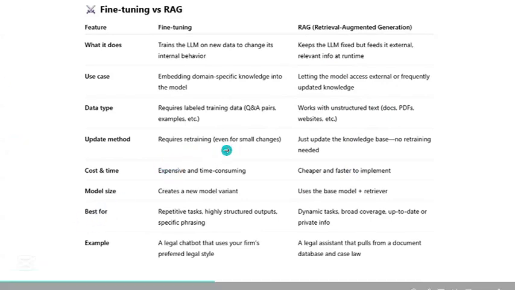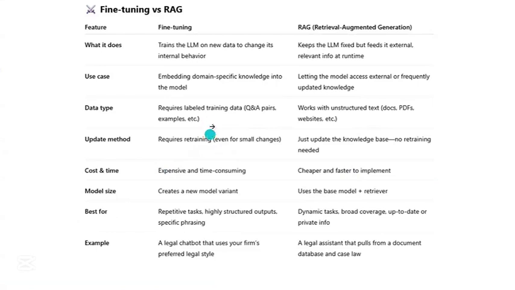Updating method requires training always when we talk about fine tuning. But in RAG systems, we just have to update the knowledge base. We can create the knowledge base and we can update it. If we maintain certain data in PDF files, we just have to update our knowledge base by adding those files to it, for example.